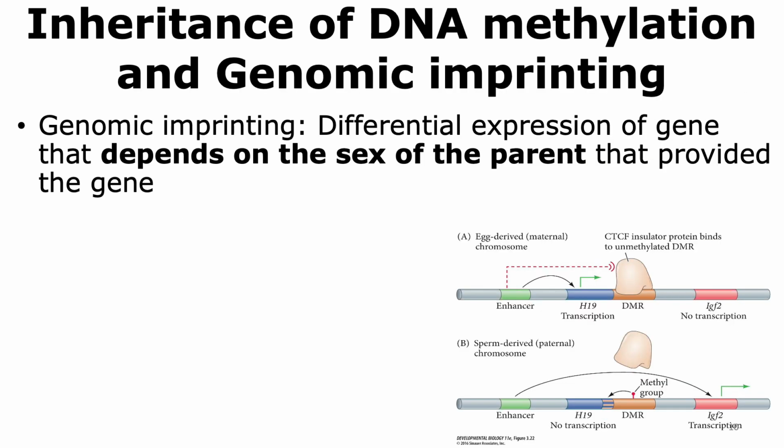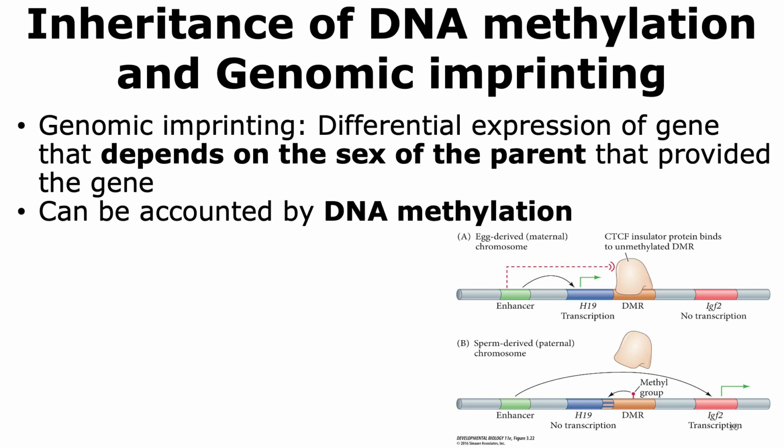The inheritance of DNA methylation can explain one of the genetic phenomena that is observed, which is genomic imprinting. Genomic imprinting is a phenomenon where there is differential expression of a gene, and this expression of the gene depends on the sex of the parent that provided the gene.